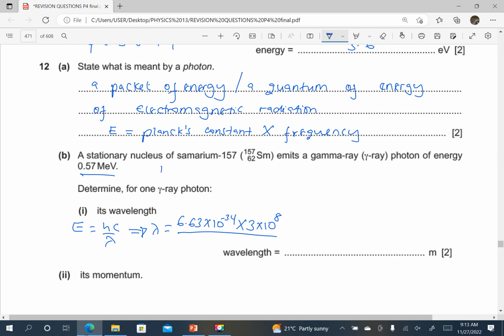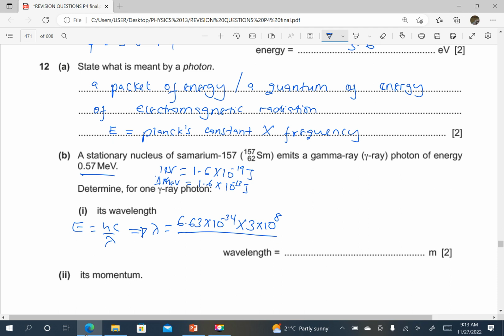Remember, if 1 electron volt is the same as 1.6 times 10 power negative 19 joules, then for mega, we multiply this side by 10 power 6, and the other side by 10 power 6. So 1 mega electron volt is the same as 1.6 times 10 power negative 13 joules.